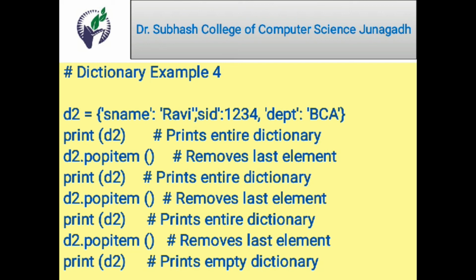It will remove the last item again, which is now student ID, so after this it will contain only student name. After displaying, we again remove with D2.popitem. Only one element is there, student name, and after removing it, it will print an empty dictionary.